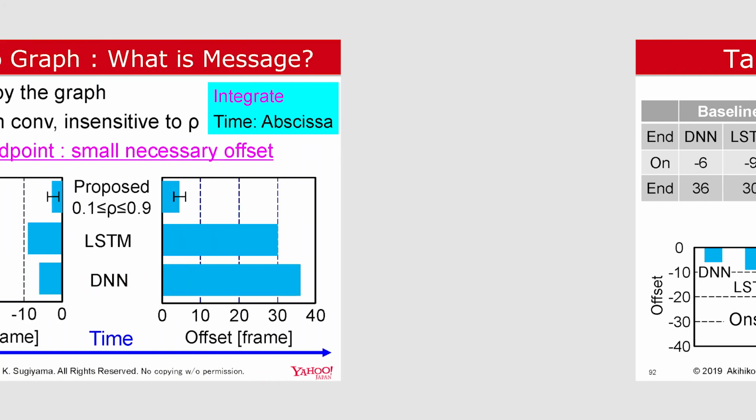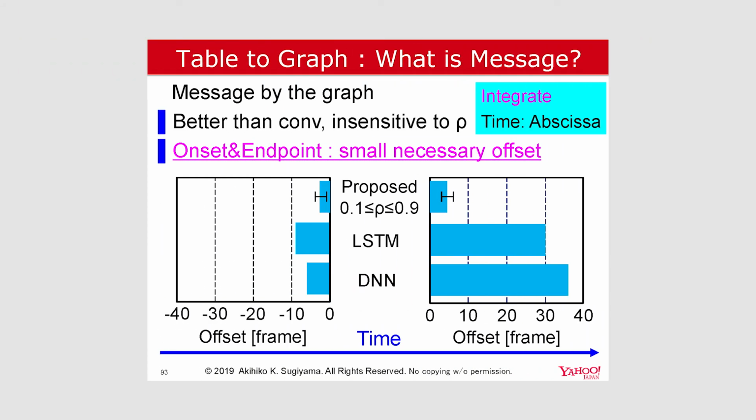So what are the messages again? Better than the conventional, insensitive to rho, and onset and end point, small necessary offset for the proposed method. So the message is to show the required offset is small. So let's integrate these two figures into one with the time in the abscissa. This is the result, much easier to see.